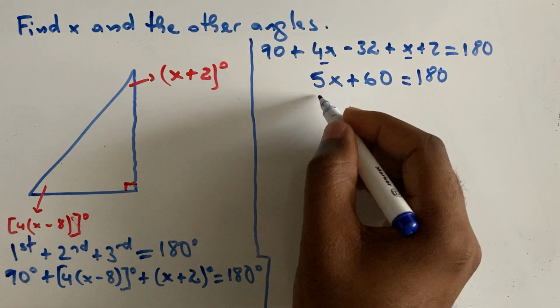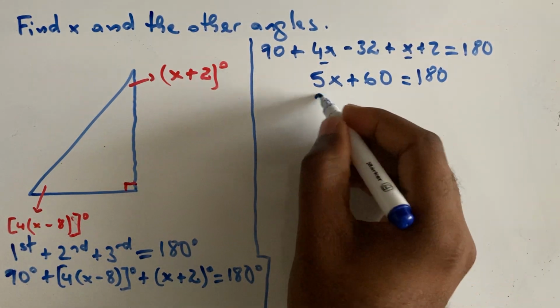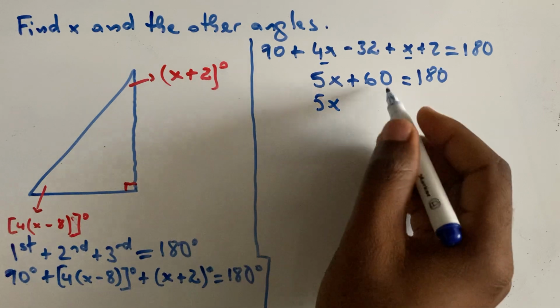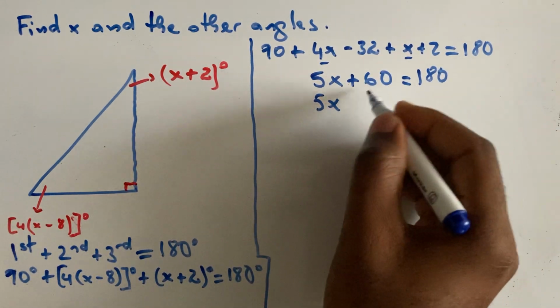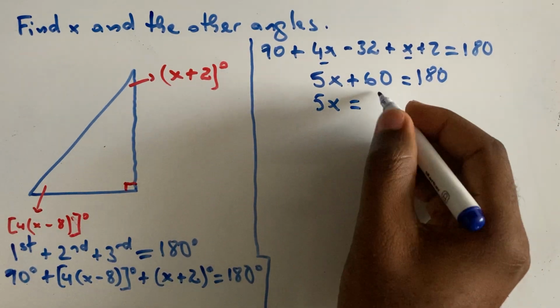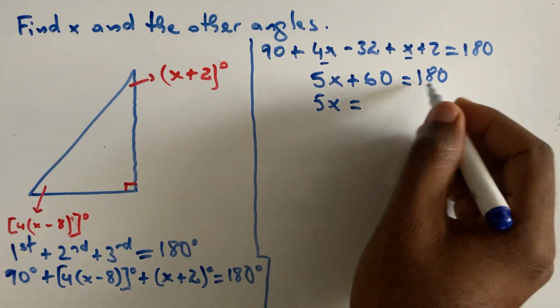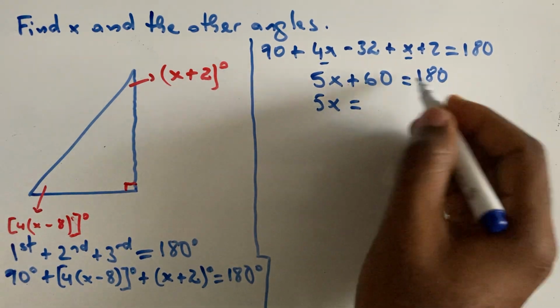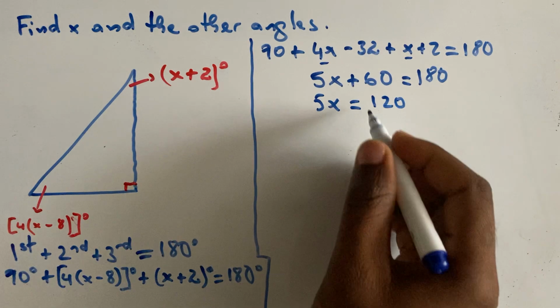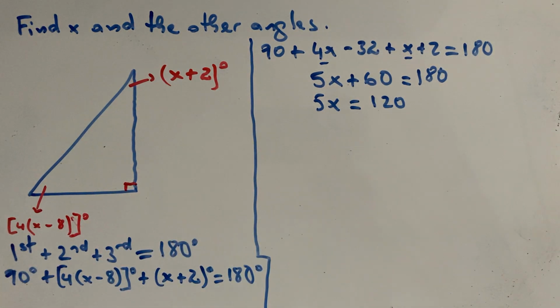All right, so you have now 5x plus 60 equals 180. I want to solve for x, so I'm going to subtract 60 from both sides. I'll get 5x equals 180 minus 60, so 120. Let me write it so everybody can see what I just did.